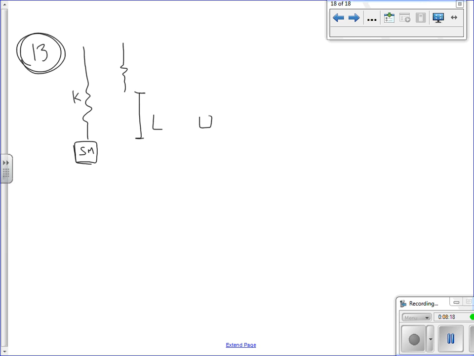Now it's 2m. This for sure is now going to be 2/5 of L. If 5 masses make it stretch L, then each mass makes it stretch 1/5 of L. So with 2 masses on there, it'll stretch 2L over 5.